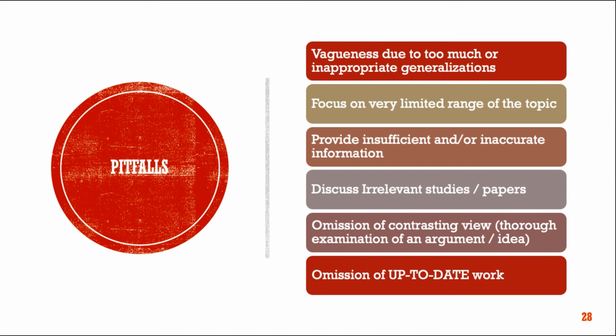Or also avoid the omission of contrasting views, a thorough examination of an argument or an idea. Every argument of previous papers or previous studies, or in your study, should be thoroughly examined, argued and discussed. And the last one, please do not omit up-to-date work, and we have explained that previously.